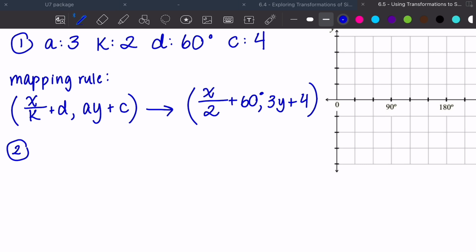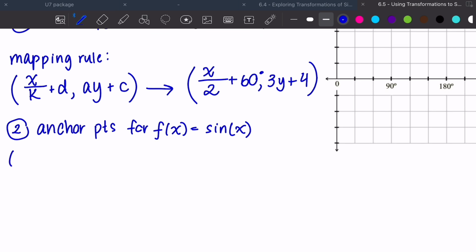Ideally, you would like to get in one full cycle, and you want to see how that changes. So you're going to do the 90-degree increments from 0 to 360, and you can just plug those into your calculator. So for example, for the anchor points for f of x equals sine of x, the original function, if you plug in 0, you will get 0 back.